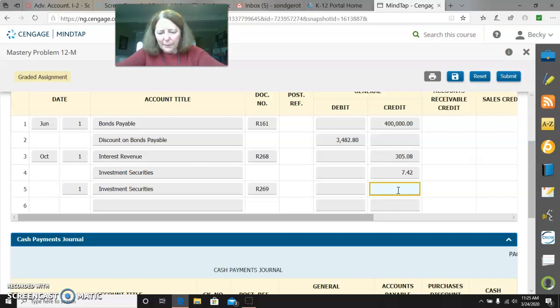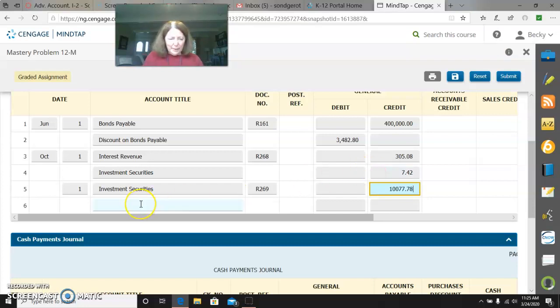And again, that's the kind of tricky part about the whole thing. So let me put the number in first, and then I'll explain it. To get the carrying value, we take the April 1st carrying value of $10,085.20, and then less this reduction that we just did in the previous transaction when the interest payment was received of $7.42, and we get $10,077.78.